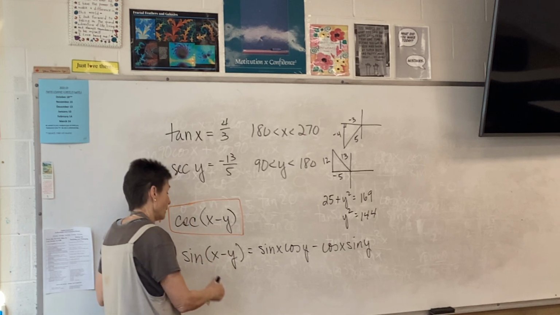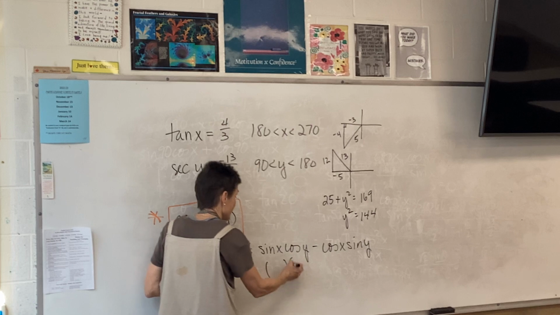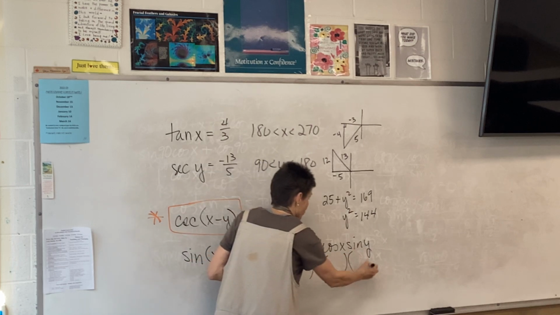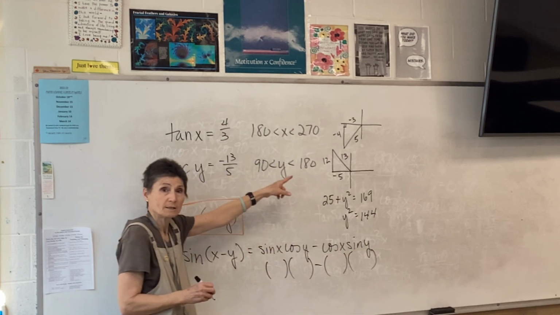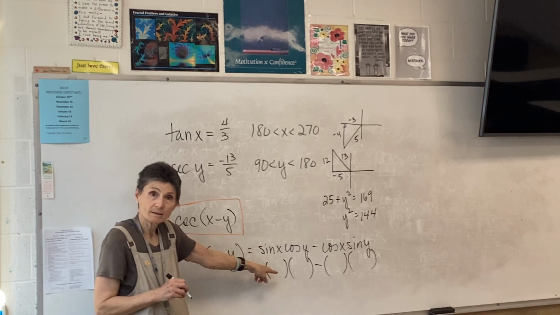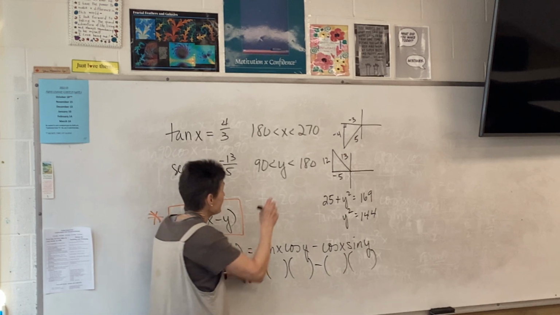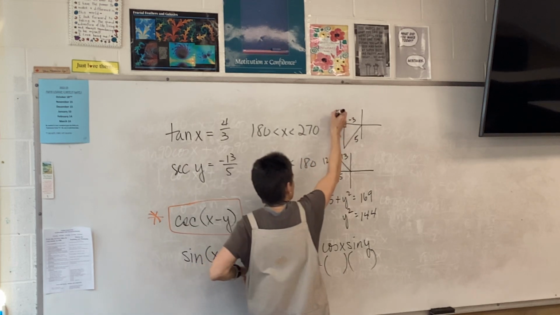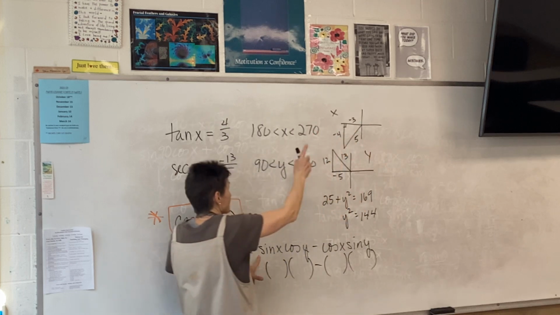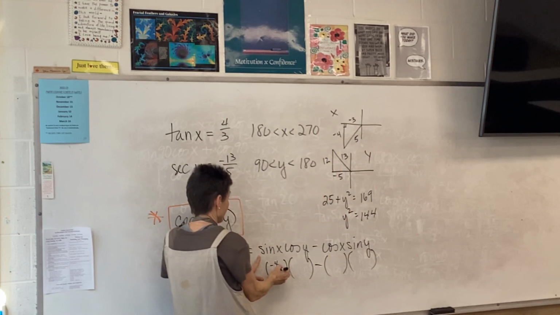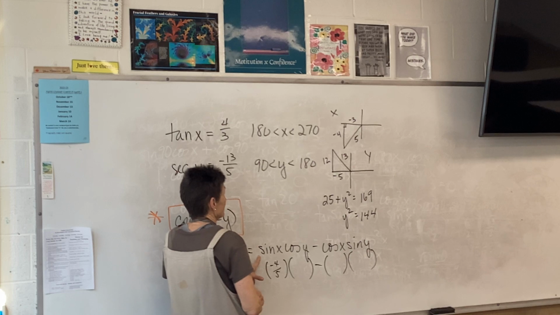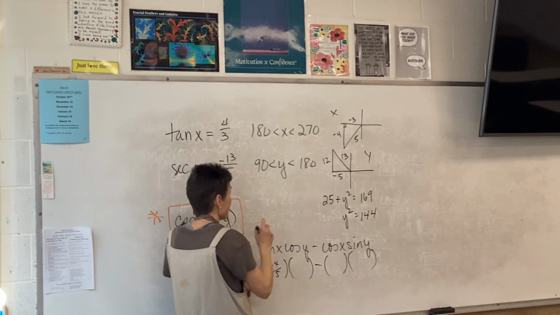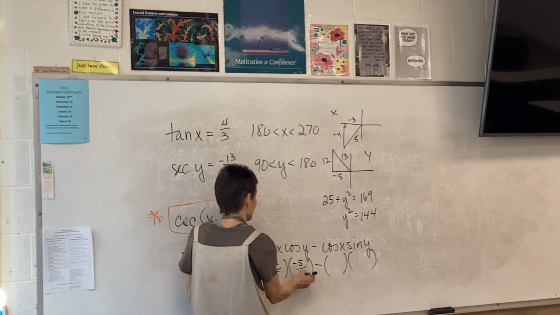So, what answer am I going to get? Well, I've got to plug in these numbers straight from my picture into the formula. So, sine x, this is x, this is y. So, sine x is negative 4/5. Cosine y is negative 5/13.